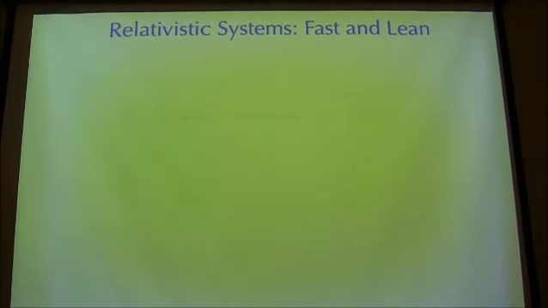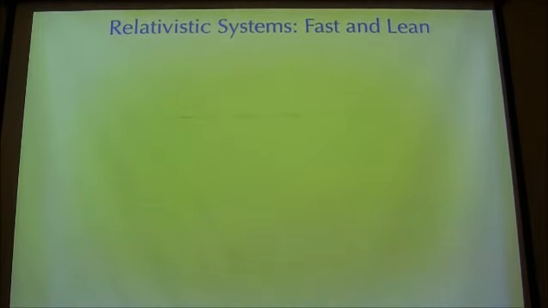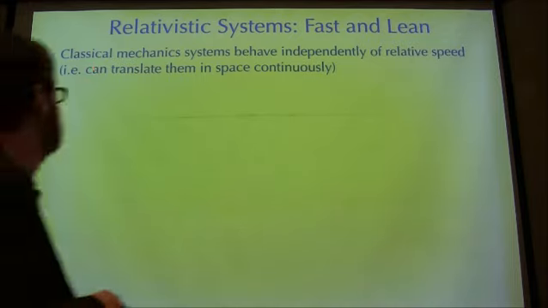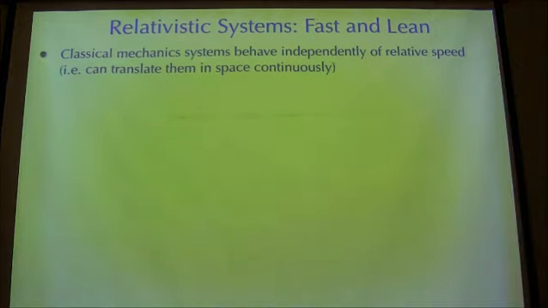So I want to switch to relativistic systems. I'm calling these fast and lean. I was going to say fast and light, but I didn't want you to get confused with light, the phenomenon of light. So these are lean, fast machines. So first of all, the key thing is that classical mechanics systems behave independently of relative speed.